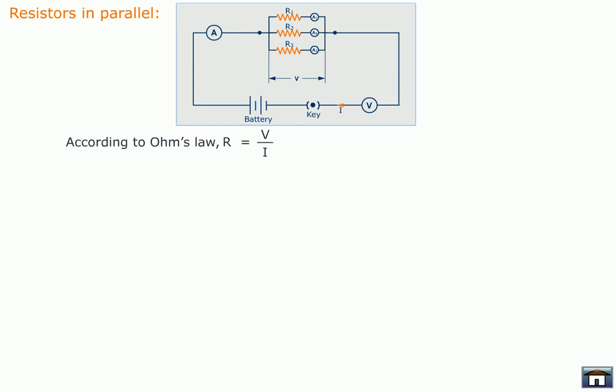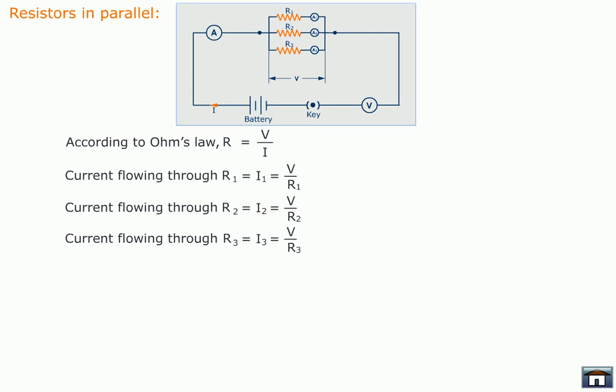According to Ohm's law, R is equal to V by I. Current flowing through R1, that is I1, is equal to V by R1. Current flowing through R2, that is I2, equal to V by R2. And current flowing through R3, that is I3, equal to V by R3.